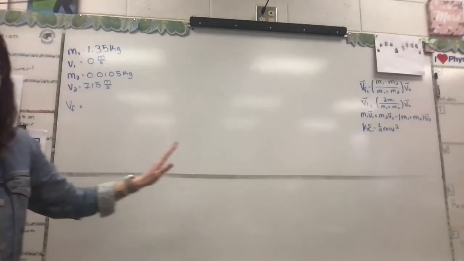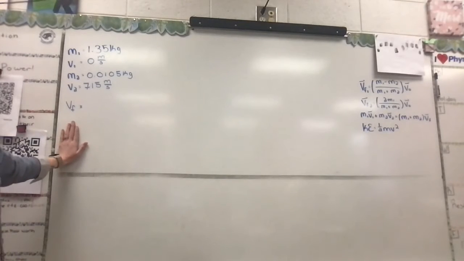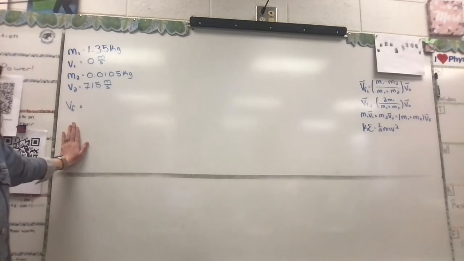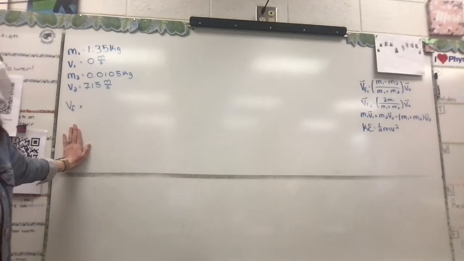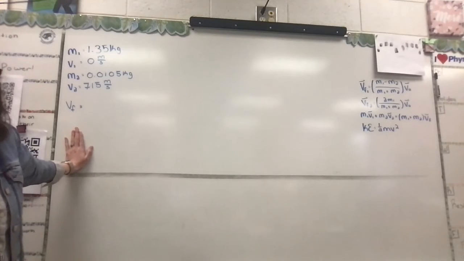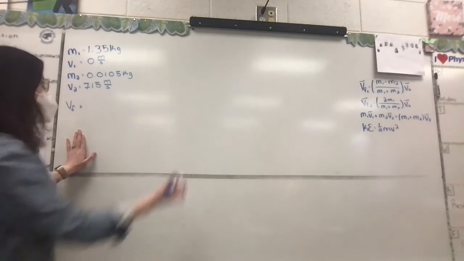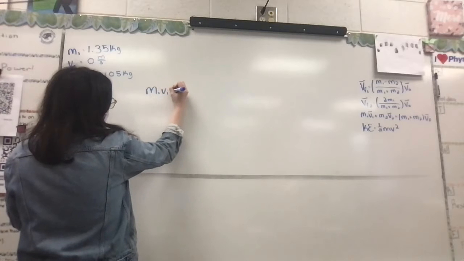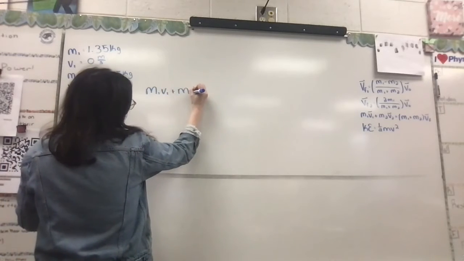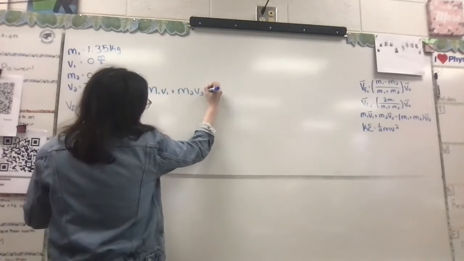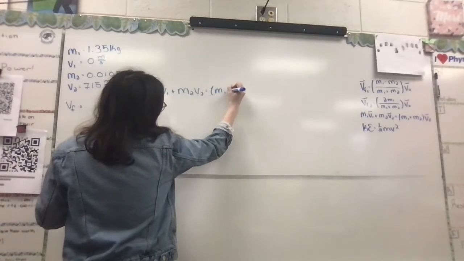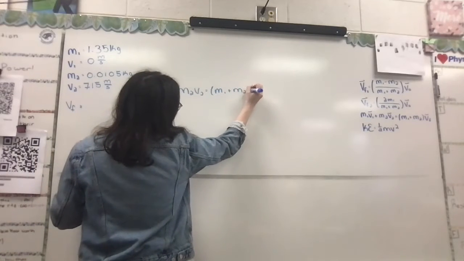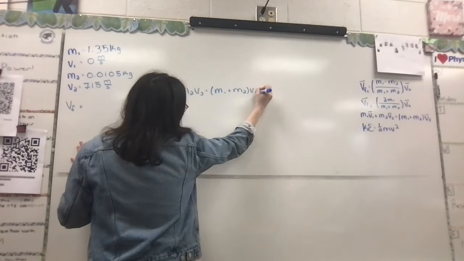Okay? Now, what did you just tell me is conserved in a completely inelastic collision? Momentum. So wouldn't it make sense for us to use conservation of momentum to solve this? Okay. So that means we have M1 V1 plus M2 V2 is equal to (M1 plus M2) times V final.